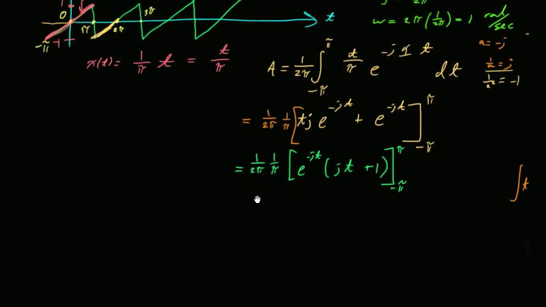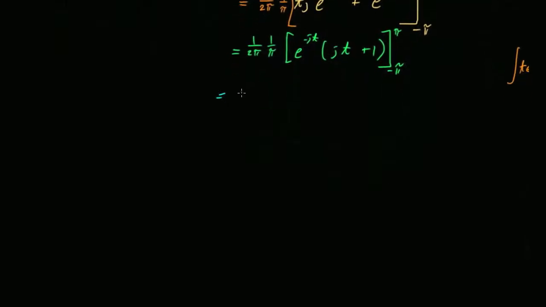So equals 1 over 2 pi times 1 over pi times big old square brackets e to the minus j pi. Right, so now I'm substituting in pi for t times j pi plus 1 minus e to the positive j pi minus j pi plus 1.